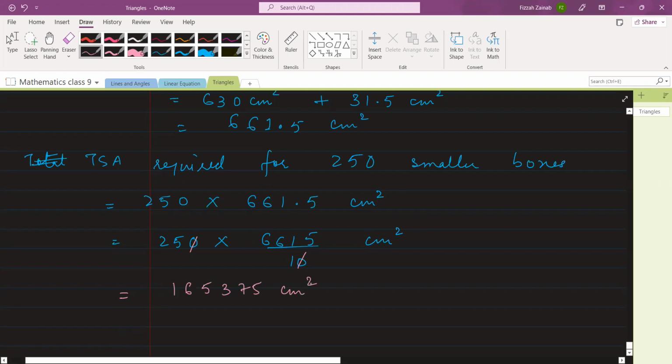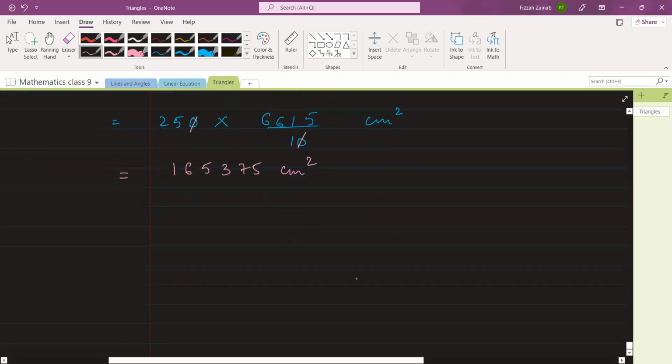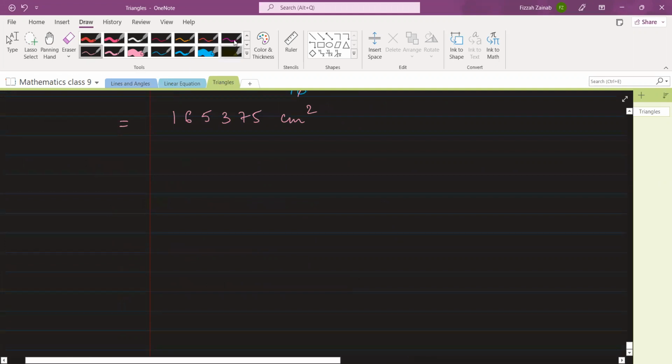Okay. So this is TSA of 250 smaller boxes. So that means now the total cardboard required, let us find out. Oh, really lengthy question, right? Yes, ma'am.